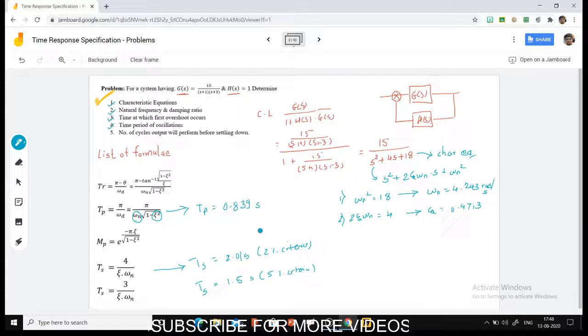So if it is not asked, you can always go with both the criteria and mention that answer in the final. Then you have the number of cycles the output will perform before settling down.